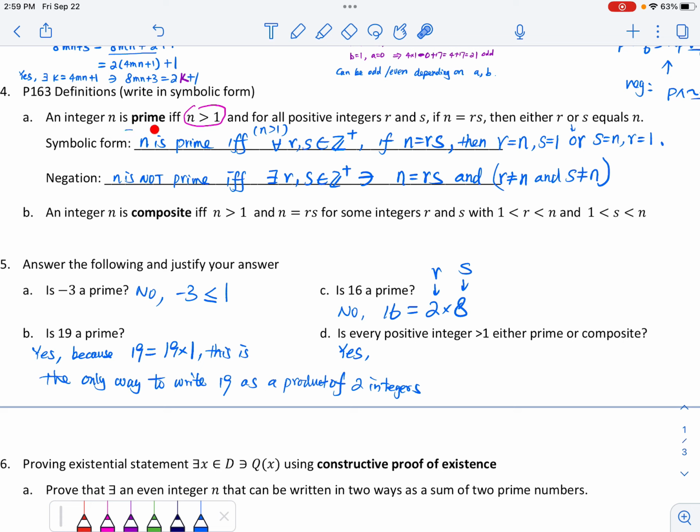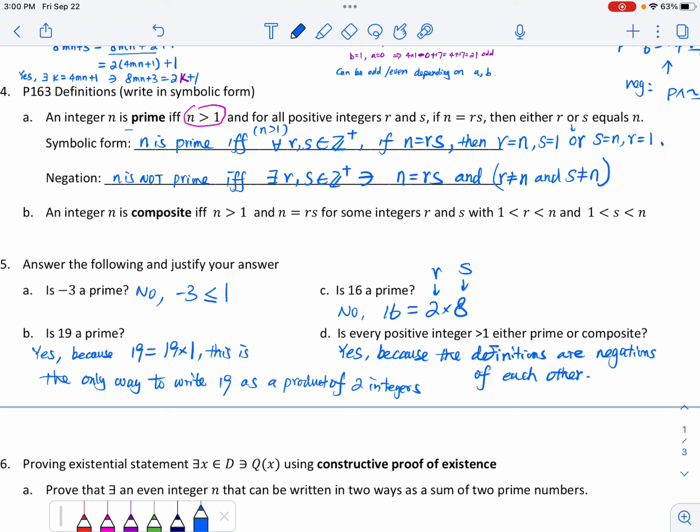Therefore, any integer greater than 1 is either prime or composite, because they are negations of each other. So yes, because the definitions of prime and composite are negations of each other. So it's one or the other.